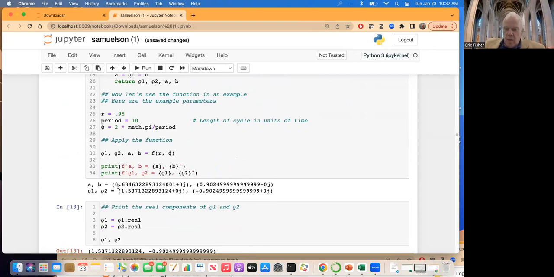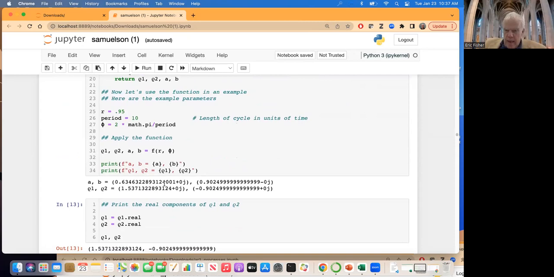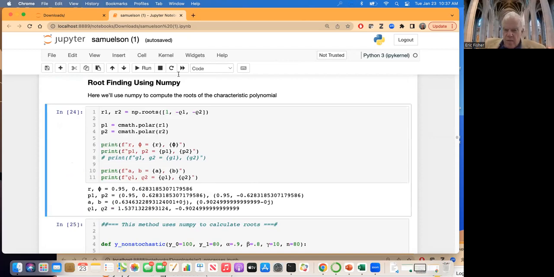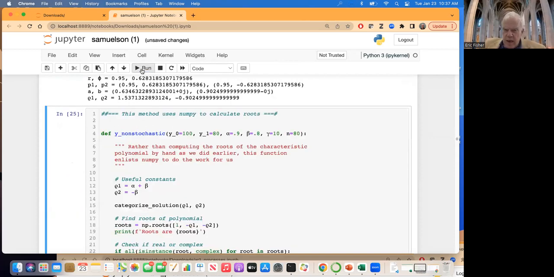And what I want is, if this is true, then let's find the roots for this thing.